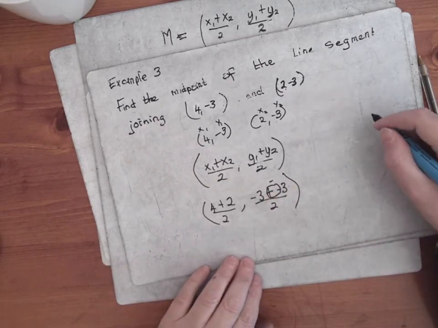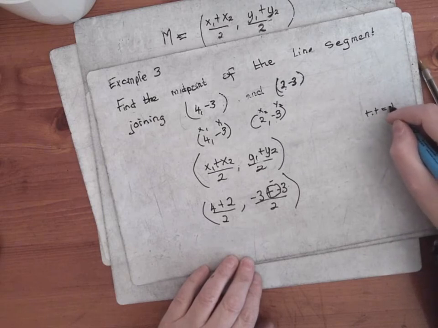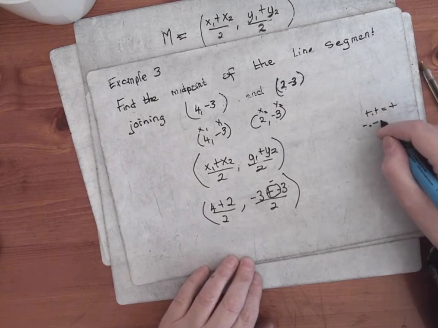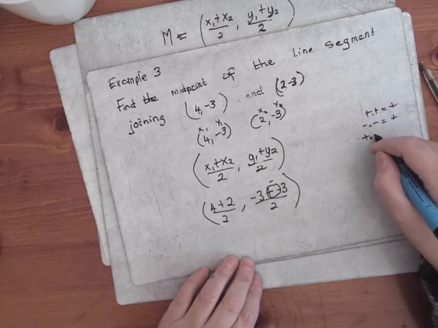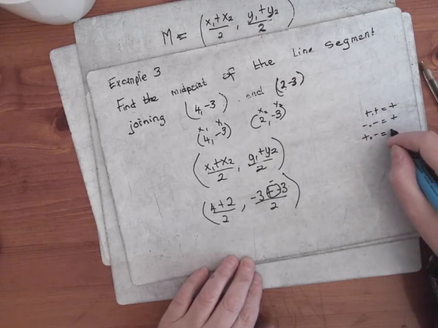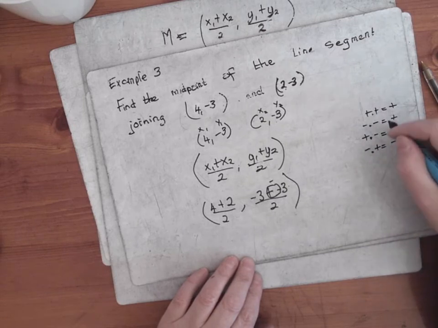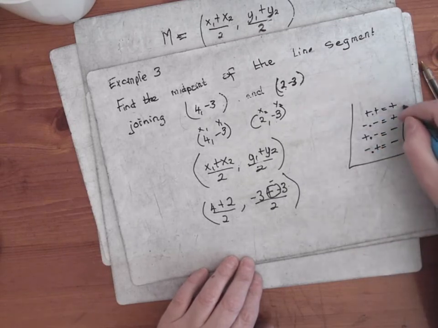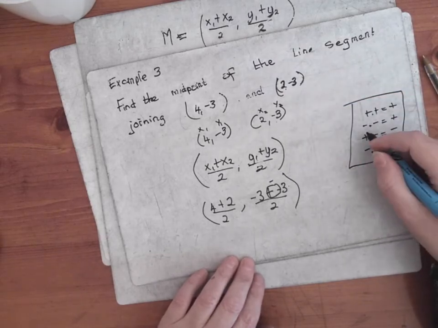Okay, remember, a plus by a plus is a plus, a minus by a minus is a plus, a plus by a minus is a minus, and a minus by a plus is a minus. So if you end up with plus plus, that's a plus. If you end up with minus minus, that's a plus.